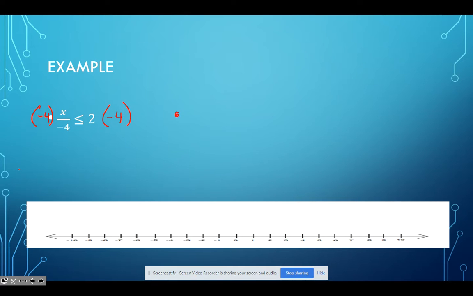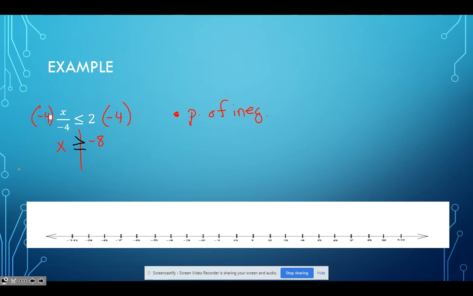That's using the multiplication property of inequality. Now, I do have to flip my sign. X is now greater than or equal to negative 8.